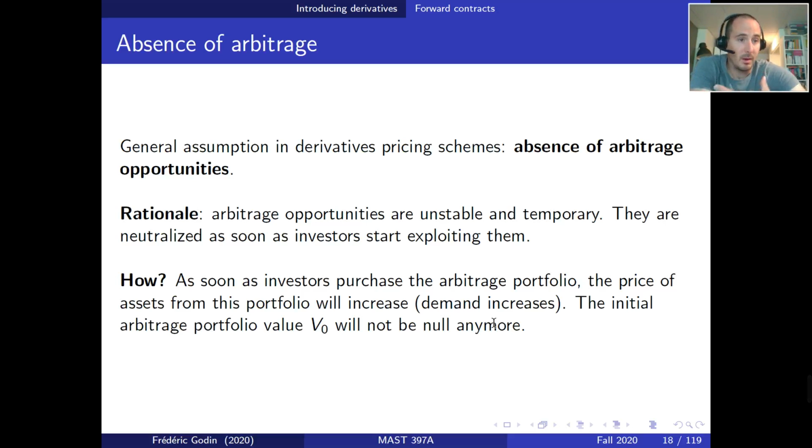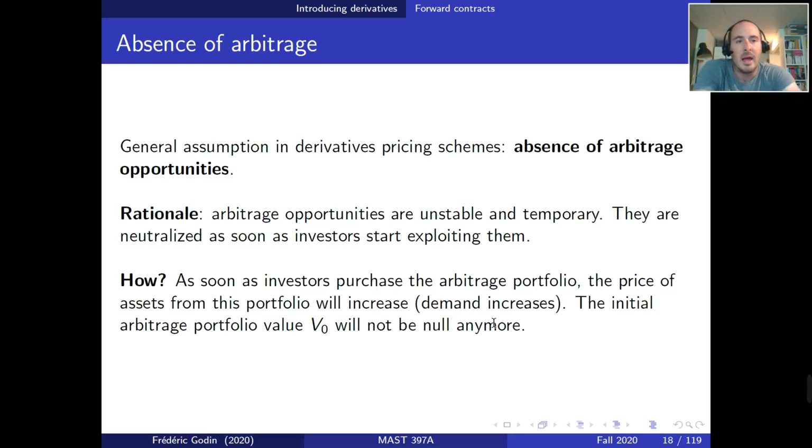So how come they disappear? It's because when investors see an arbitrage opportunity which requires buying some asset A, for example, as they exploit the opportunity, they will purchase some asset A, and the price of this asset goes up, until the point where it's not profitable anymore to make the initial transaction, and the arbitrage opportunity will be washed away.